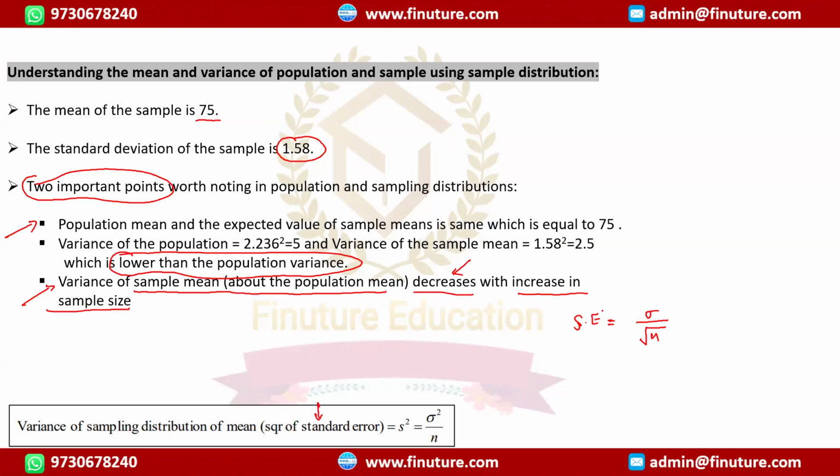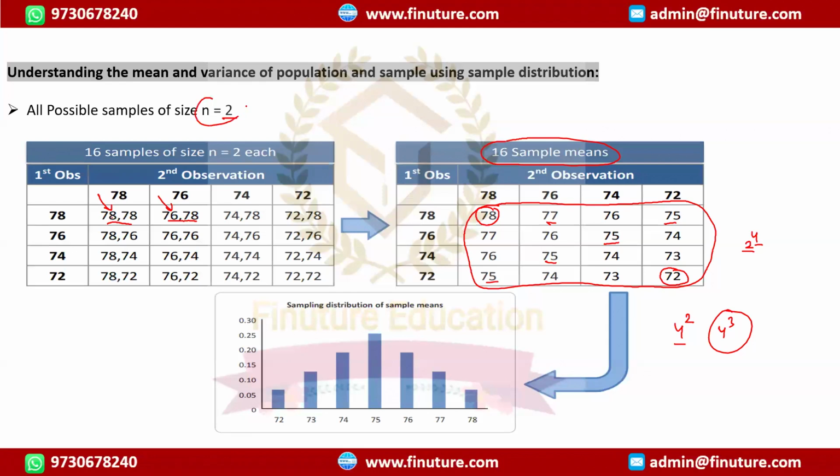You will have less variability in your data. The variance is the square of the standard error, that is, variance over n. What was n here? n is your sample size; in this case, our sample size was 2.